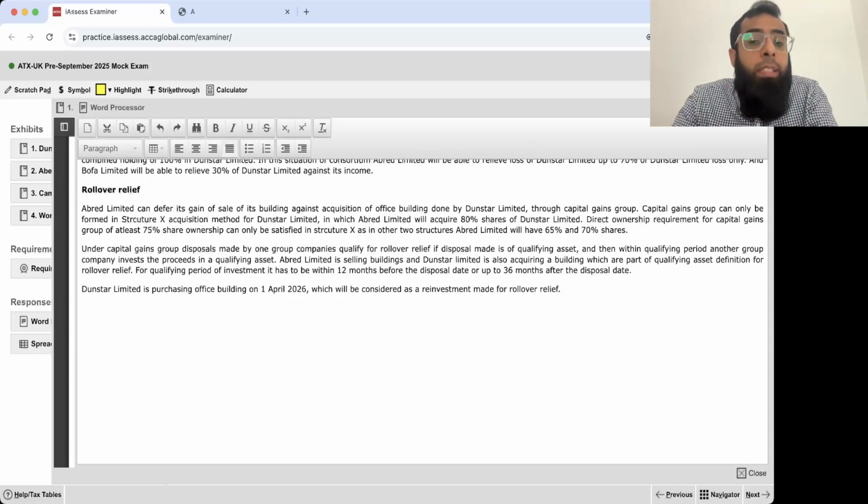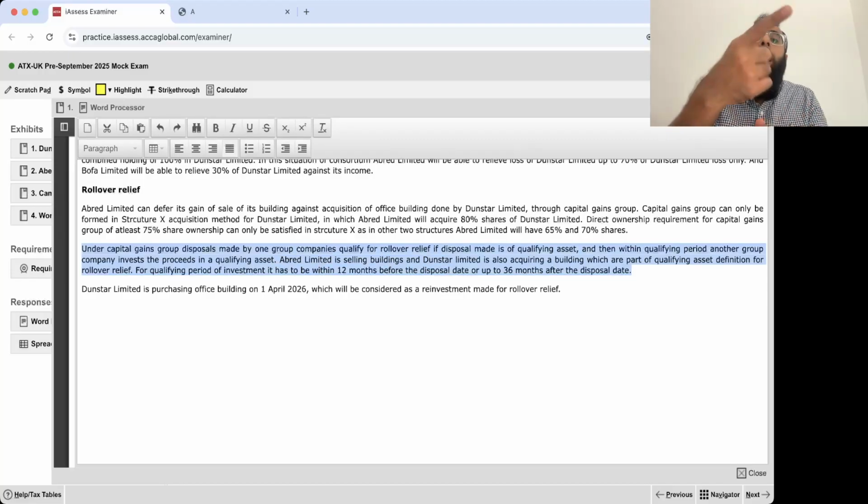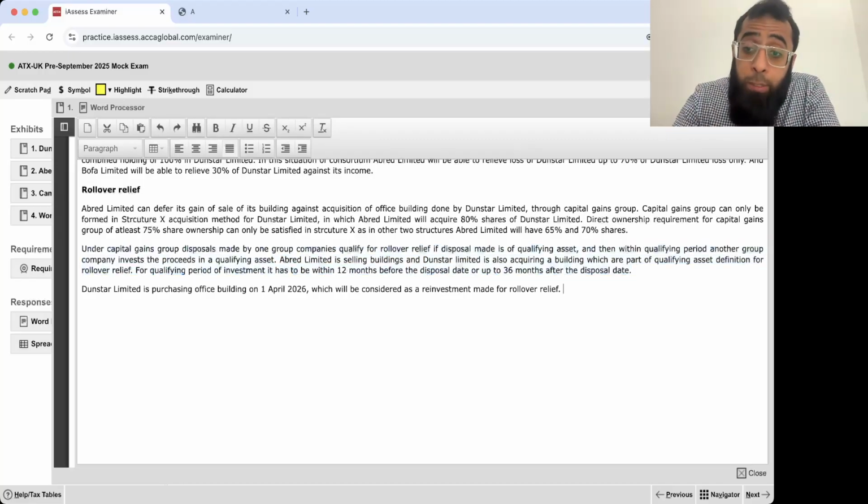Now this reinvestment can be made within 12 months before disposal and up to 36 months after disposal. So now let's see whether it is within the 12 or 36 months period.